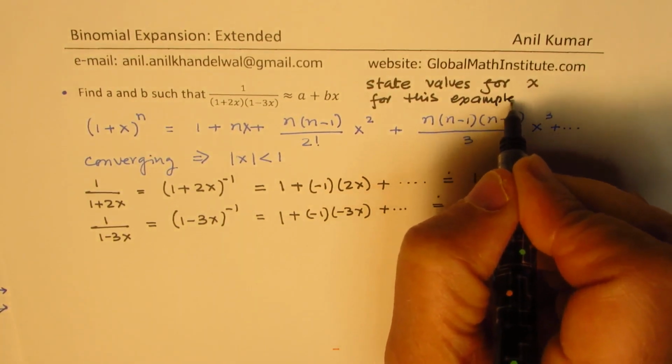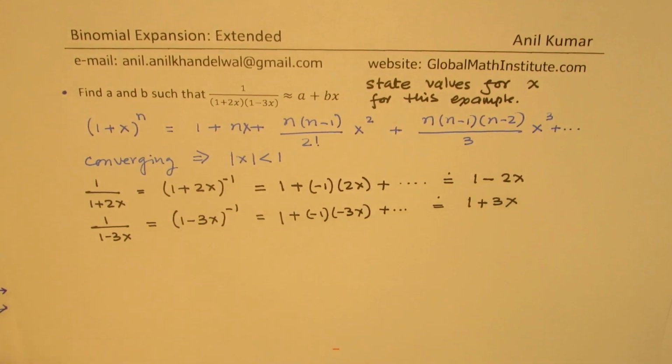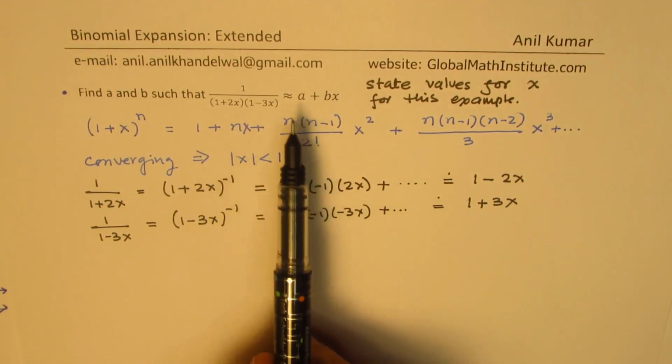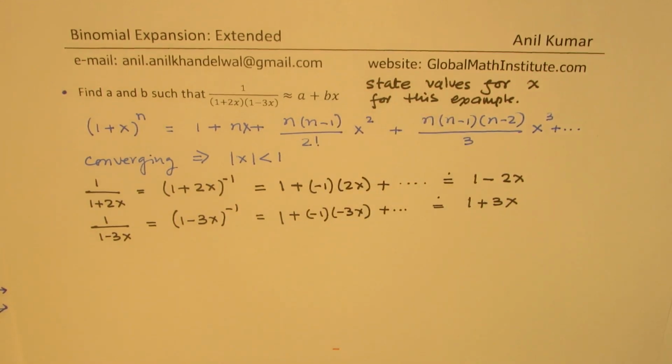For this example. So these are the two conditions, and we'll first find what a and b are, and then we'll state the restrictions on x for which whatever we are saying should be valid.